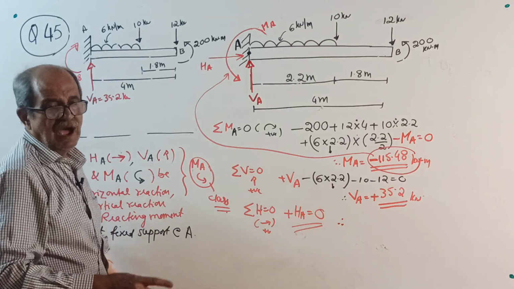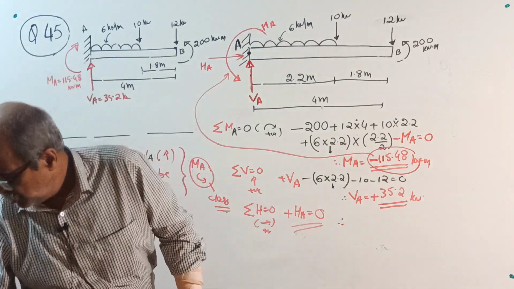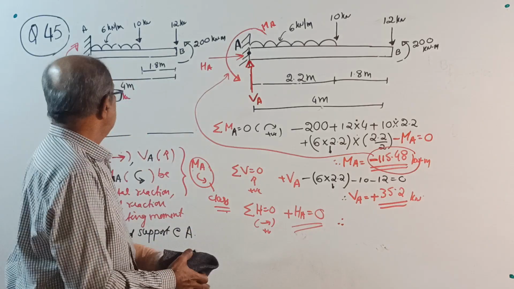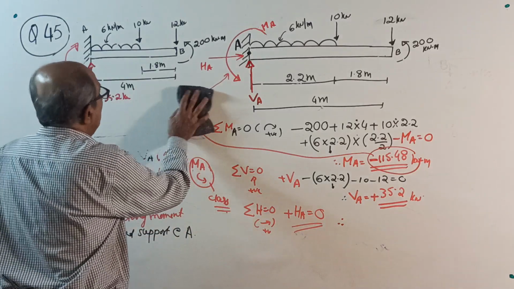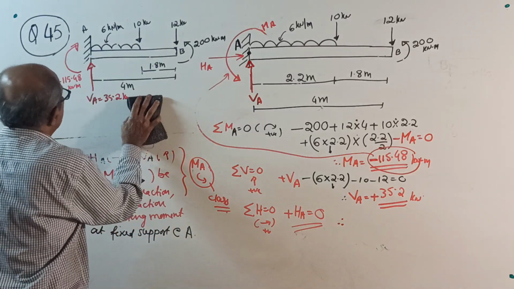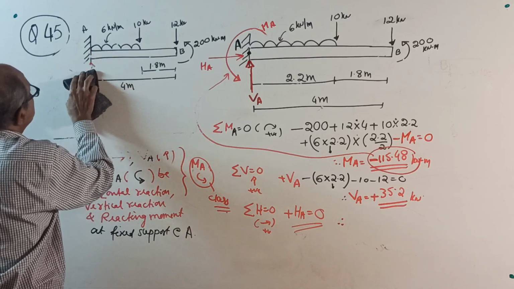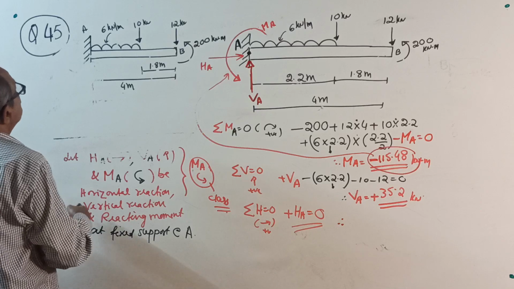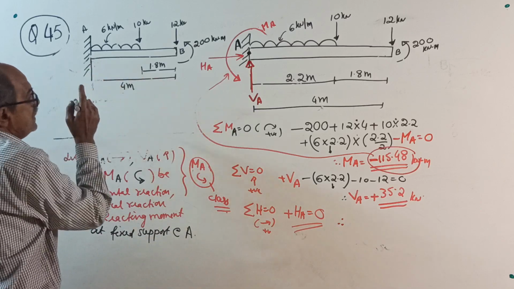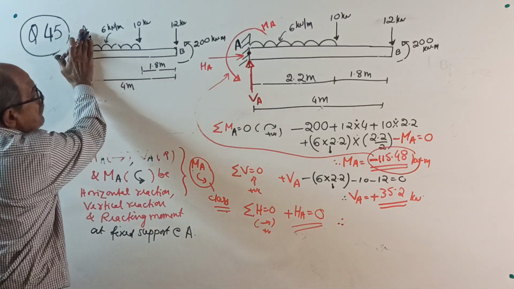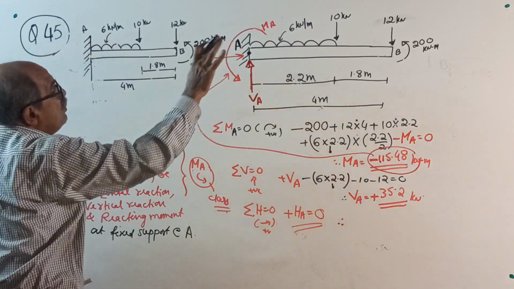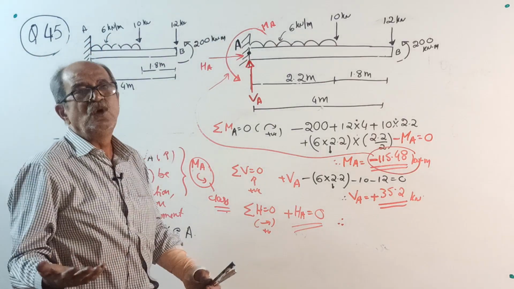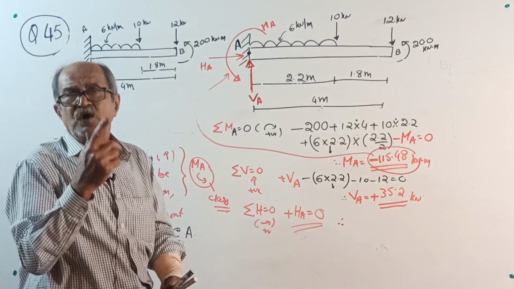Okay, now I will tell you how to solve directly without writing anything. I will remove this one now and make one more sketch. Refer to the original beam, make a note. This I told earlier: first come to the fixed end. Decide horizontal. No horizontal load, so horizontal reaction is 0 for a cantilever beam.